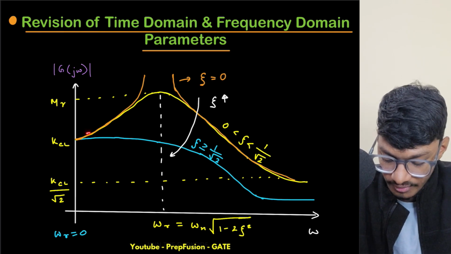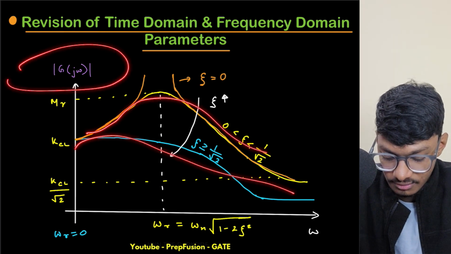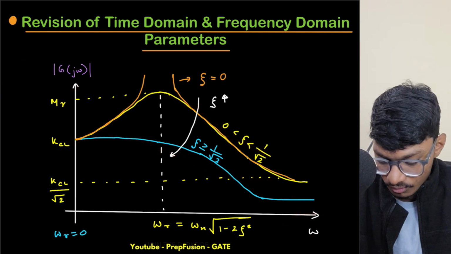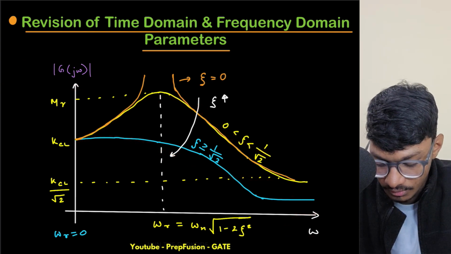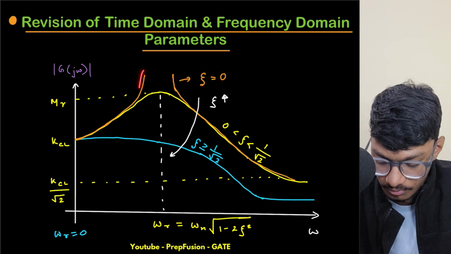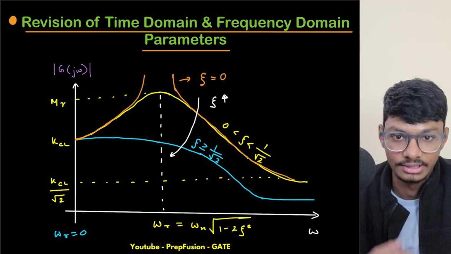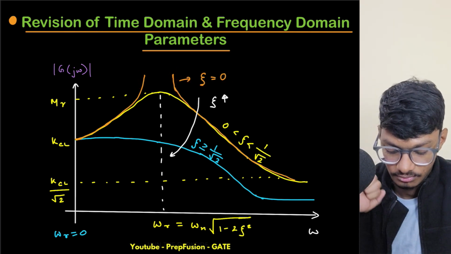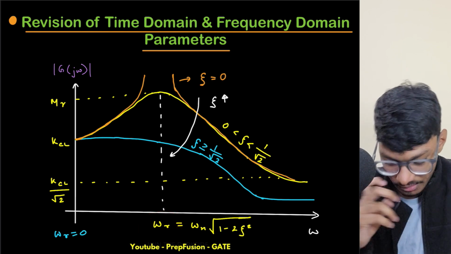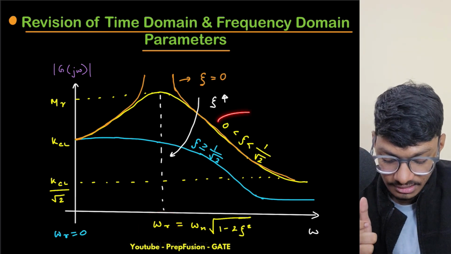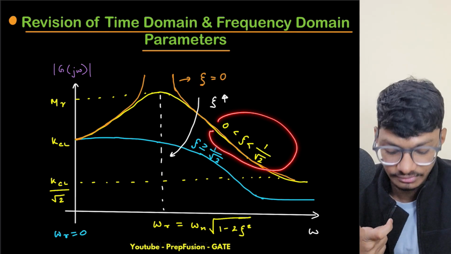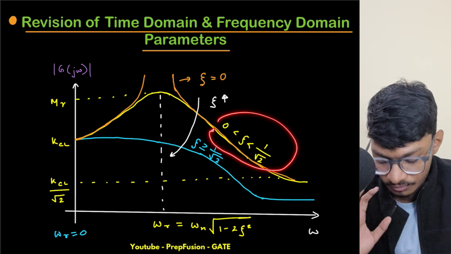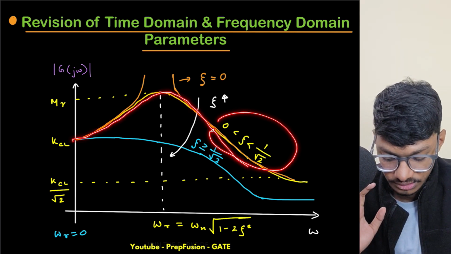So here I have different plots for the gain versus the frequency plot. As you can see, for zeta equals 0, I don't have a resonant frequency, it goes to infinity at omega r. And for zeta less than 0.707 and greater than 0, my graph will look something like this.